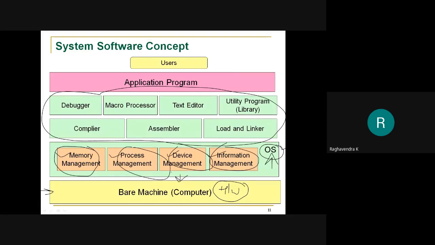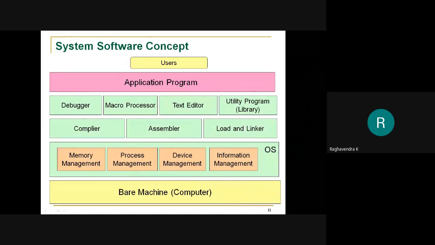It involves the use of system software to accomplish a task. So we have the debugger, macro processors, etc., supporting the operating system. Since all these exist on your system, an application program can simply be run on top of it, and users can access your system through the application program.